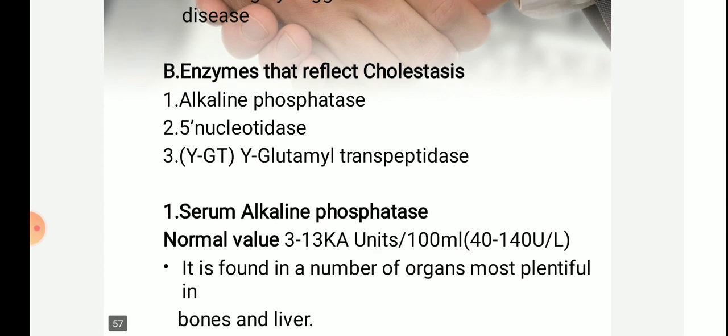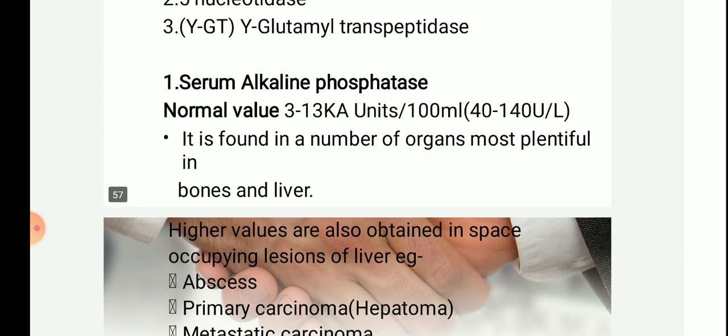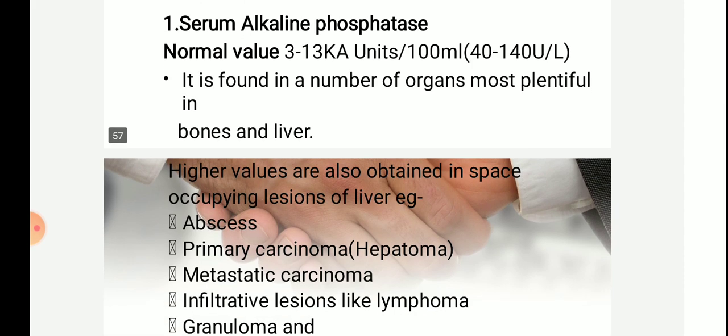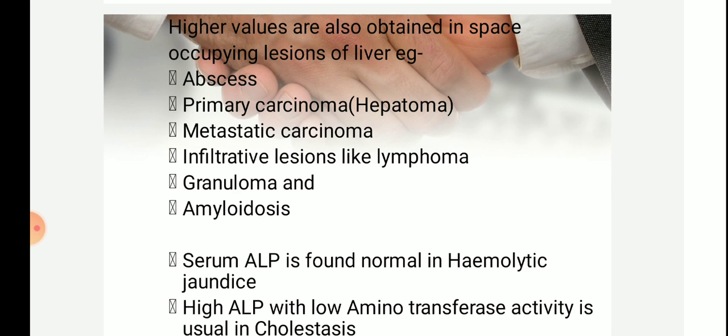Always remember that. Both organs may be involved here, so you have to differentiate where their elevation is actually related to in case of the patients. Higher values are also obtained in space occupying lesions of the liver, for example abscess, primary carcinoma, that is HCC, metastatic carcinomas, infiltrative lesions like lymphoma, granuloma, amyloidosis.